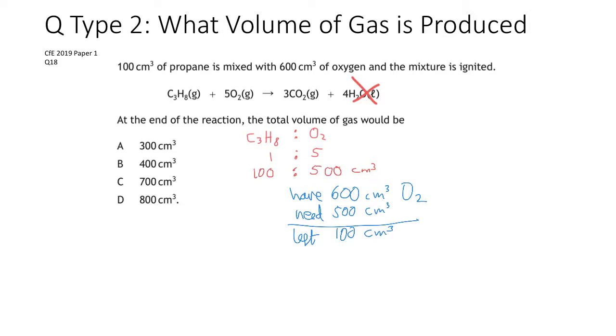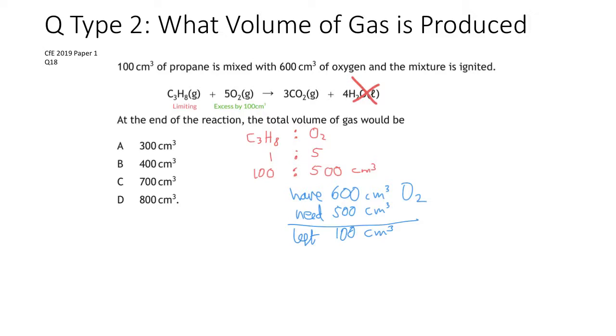That doesn't react. We're assuming this is in a closed vessel. So there's going to be that 100 centimetres cubed left over at the end that hasn't reacted, along with any product that is produced. Now we know that the propane is limiting what's made.